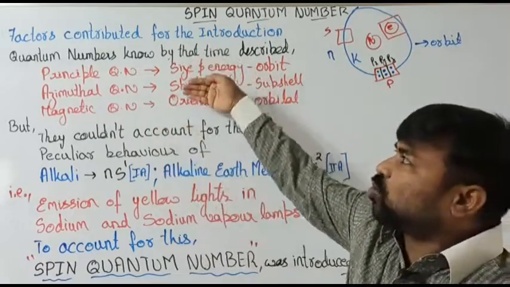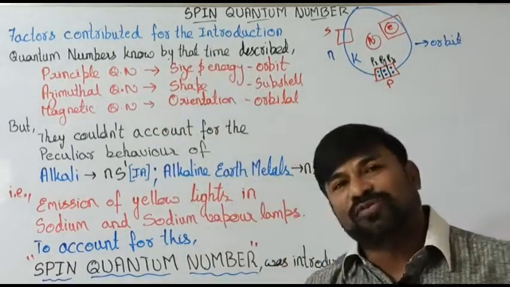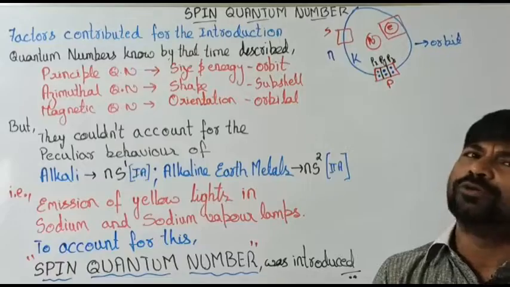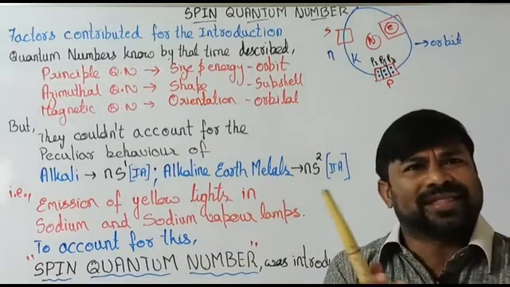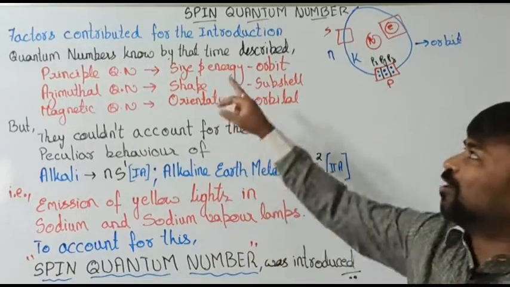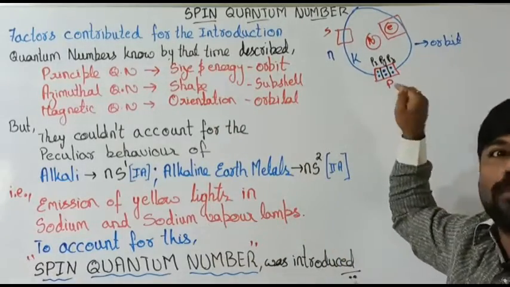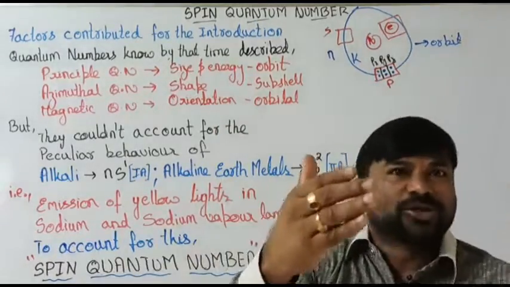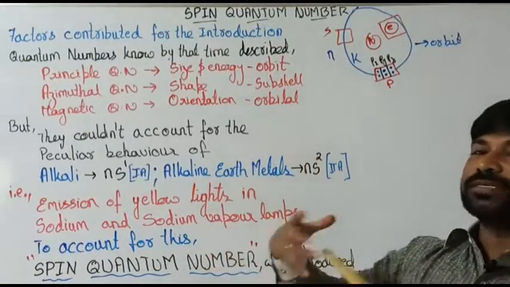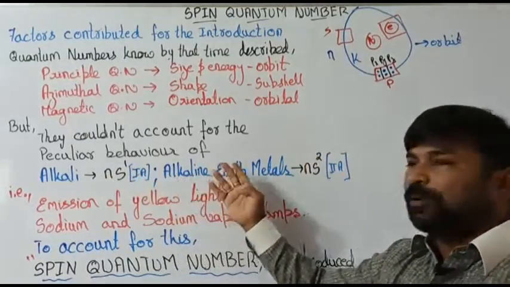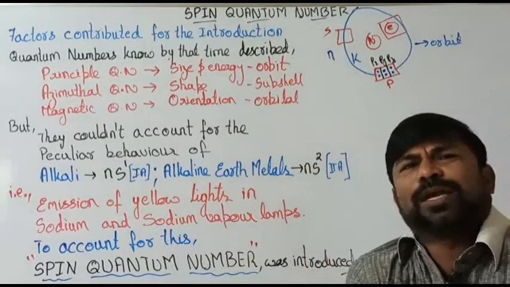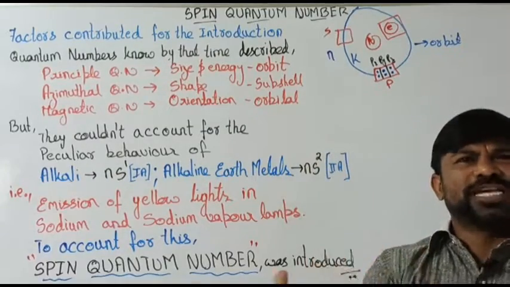All these quantum numbers could not account for that. What is the reason for the peculiar behavior? Why are they behaving like that? Because all these three didn't talk about the behavior of the electrons in the orbital. But keep that aside, we will talk about it. I said what is making that peculiar behavior, but what is the peculiar behavior? What is that strange behavior?